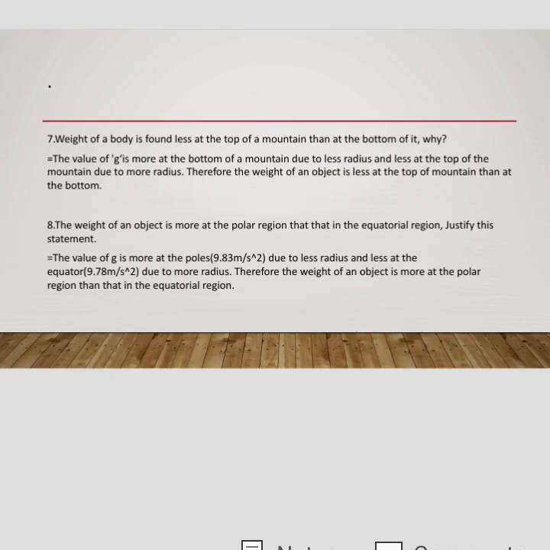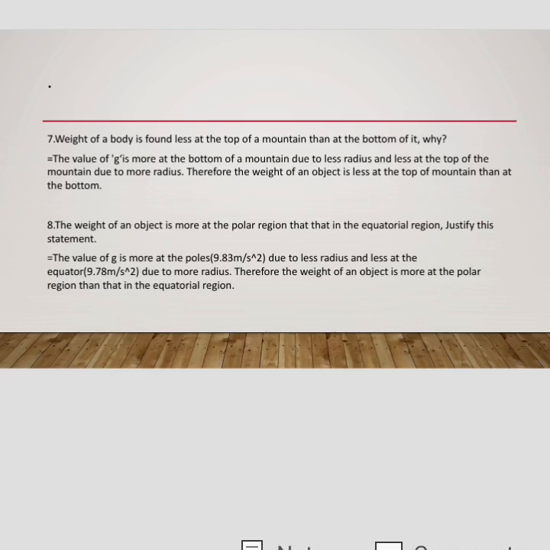And question number 8. The weight of an object is more at the polar region than that in the equatorial region. Justify this statement. Previously I have told you that W is directly proportional to g and g is inversely proportional to R square. So any place which has less value of R will have a high value of g, and the weight of an object will be more at that place.